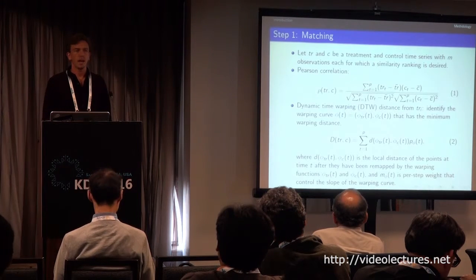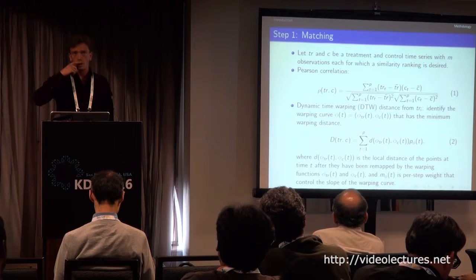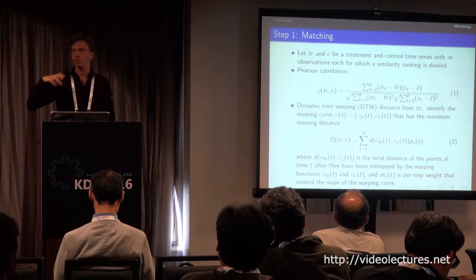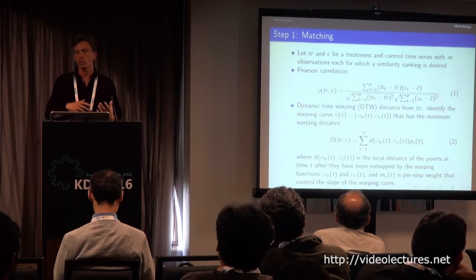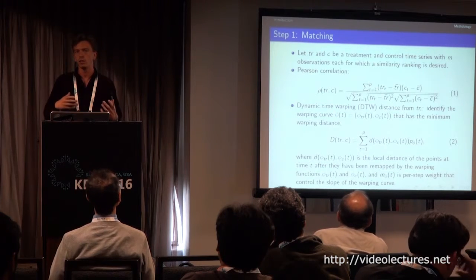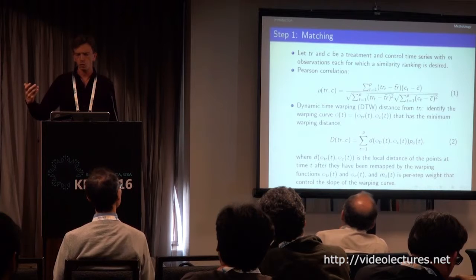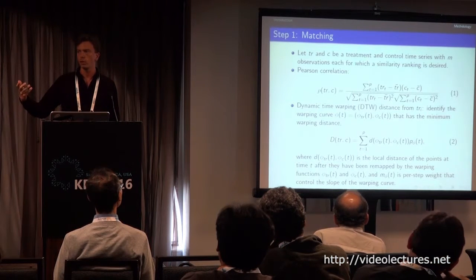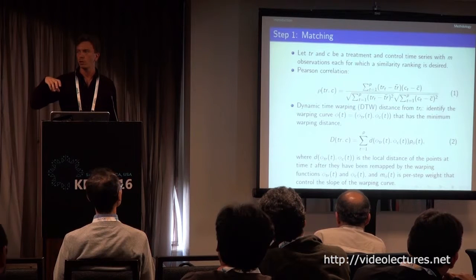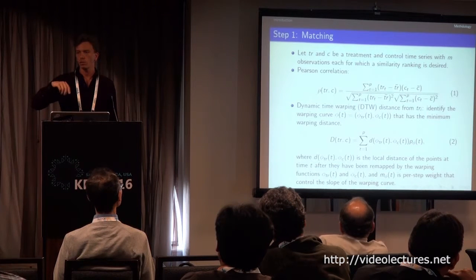So the first step, the matching, the basic idea is to find, as I said, some similar control households, some households that are similar to the treatment household in some way, except that they didn't remove their turf. So we first narrow down the list of possible controls by limiting to only the zip code in which the treatment household is.